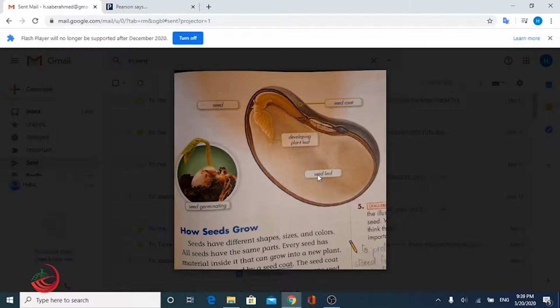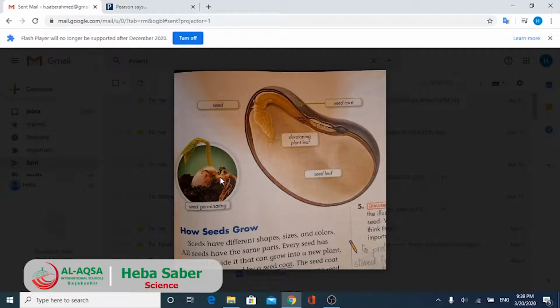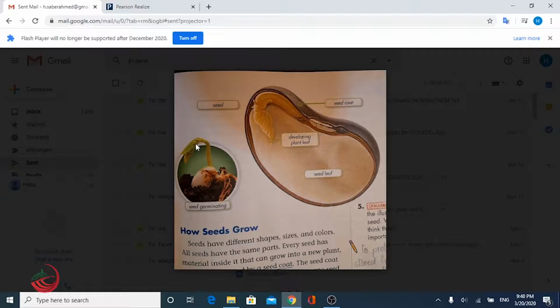All right. If we were in our class, you would be very happy seeing your seeds germinating and the small leaves shown on the very small stem. But unfortunately, when you're back, inshallah, it will be a very high tree.